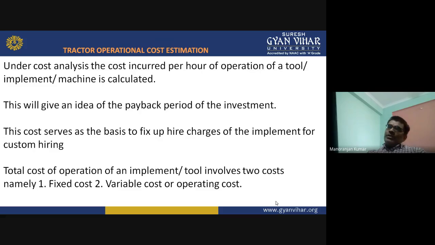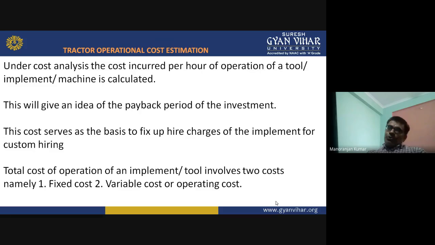Why are we calculating this type of cost? Because this will give an idea of the payback period of the investment. Whatever investment we are making, this will give the payback period. This cost also serves as the basis to fix higher charges of the implement for custom hiring.